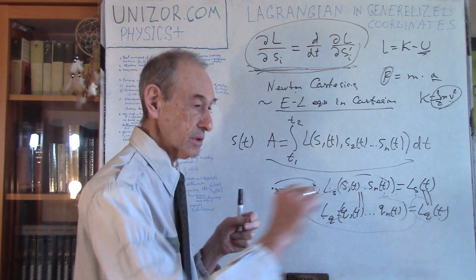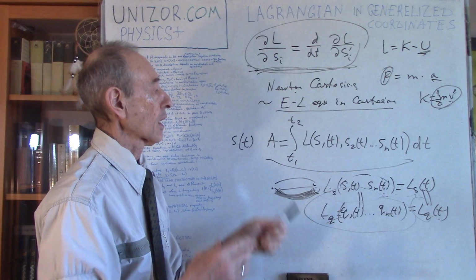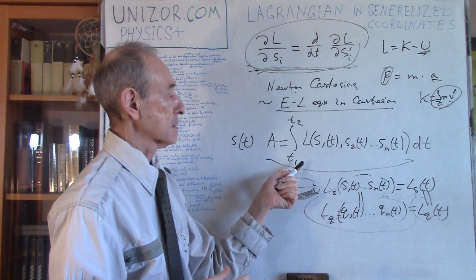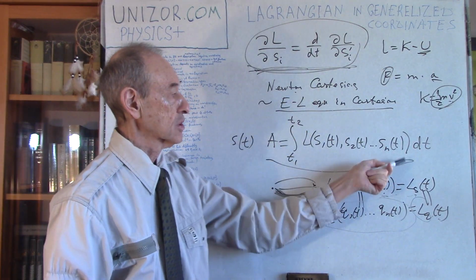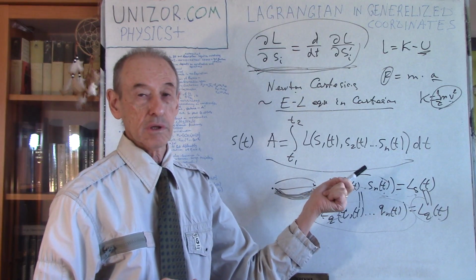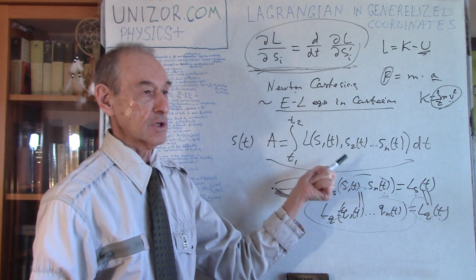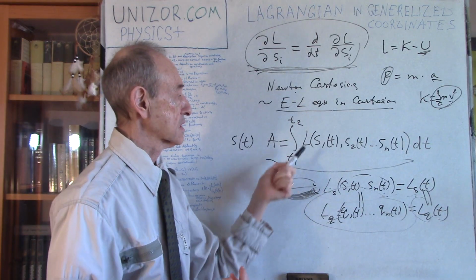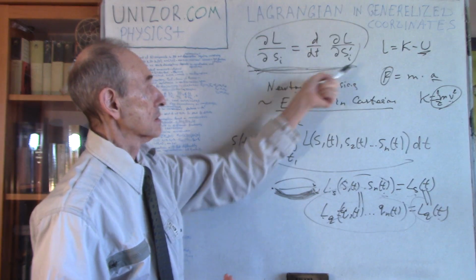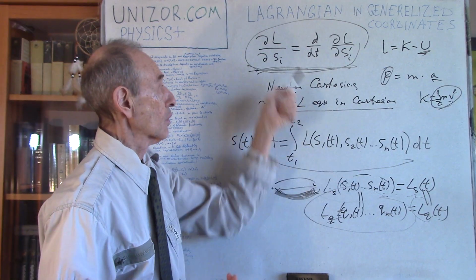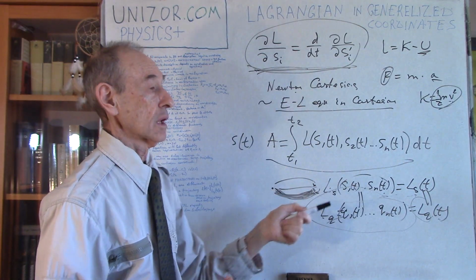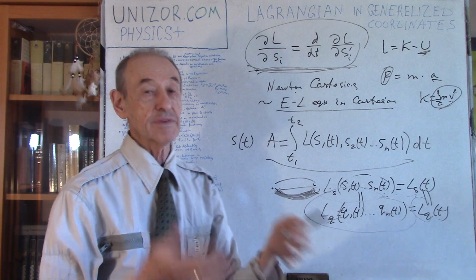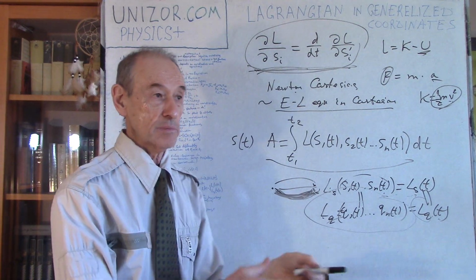It depends only on which trajectory we choose. And since we can do this minimization or extremization independently of the system of coordinates, by solving this equation in whatever coordinate system we have chosen, we will always have exactly the same result, the same trajectory.